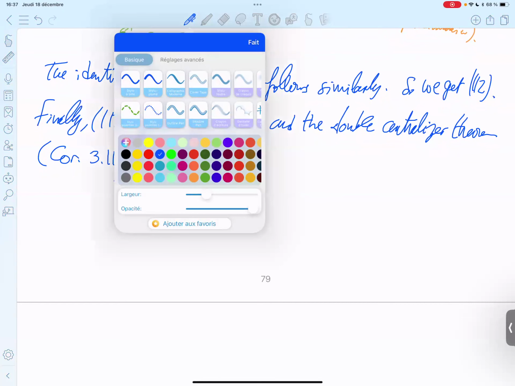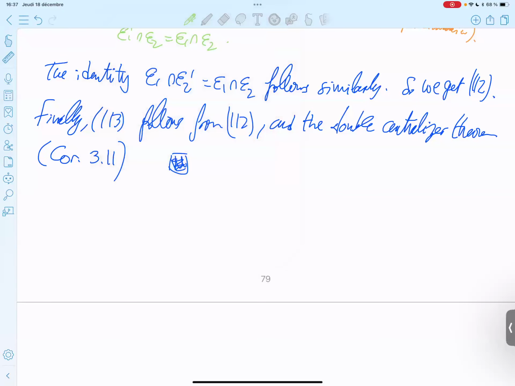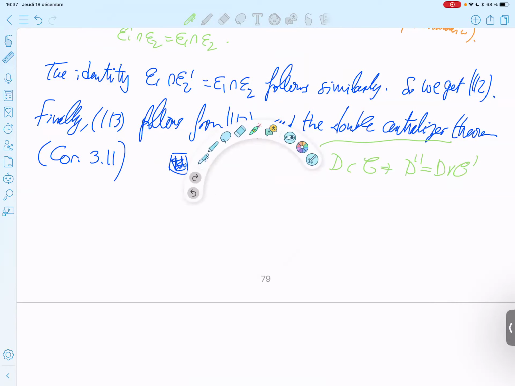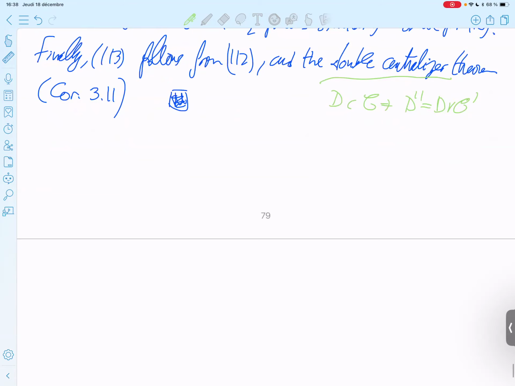So what about this double centralizer? Remember what this is saying: B included in T implies B double centralizer equals B. The theorem is when you assume that C', the centralizer of C, is included in D. But in fact, here we don't need it.